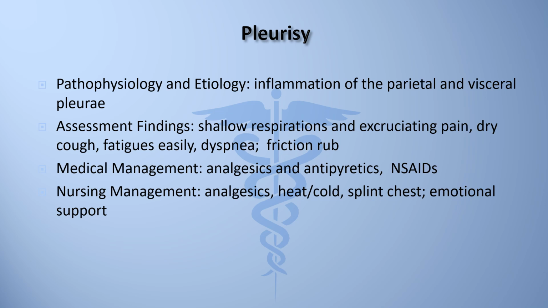Our medical management: we're going to provide any kind of pain medication we can, antipyretics if they're having any kind of fever, and we're going to give NSAIDs, which help with that inflammation.